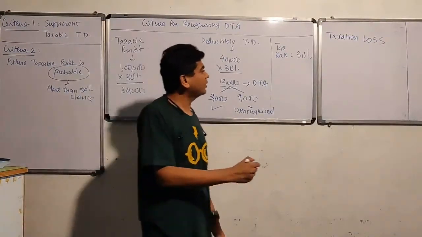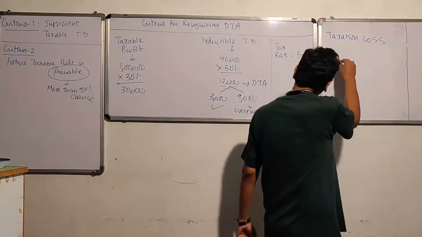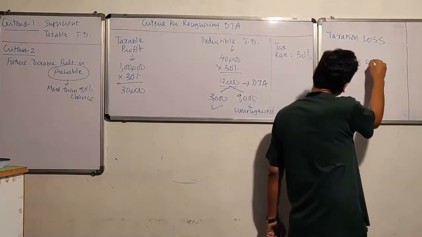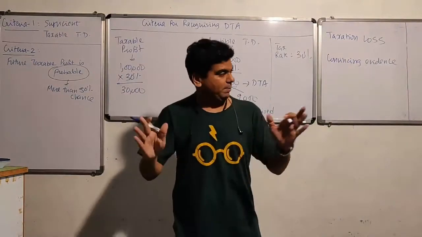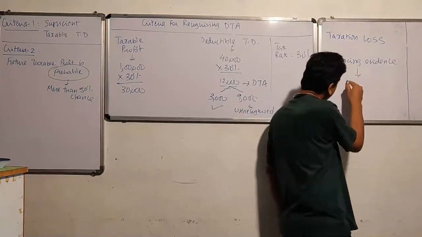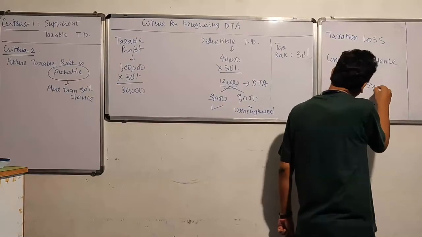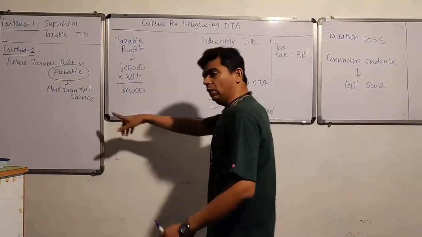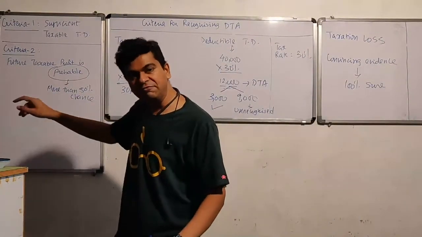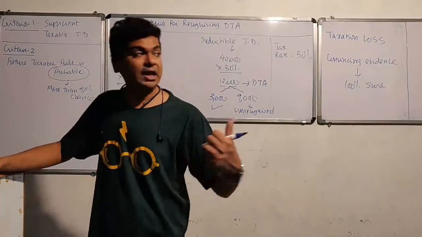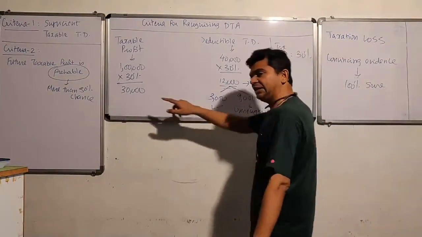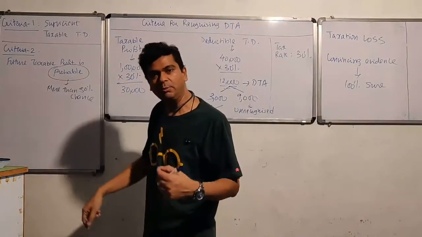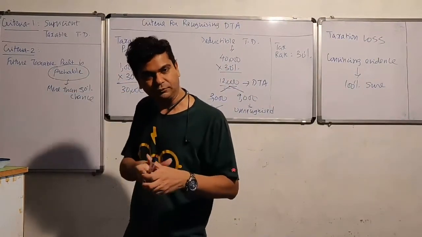So this time I require convincing evidence. Convincing evidence is not really defined in Ind AS 12, but we can understand convincing evidence as 100% sure. Here you have to be more than 50% sure, while here you have to be 100% sure. Sure about what? That there will be sufficient taxable profit in future.